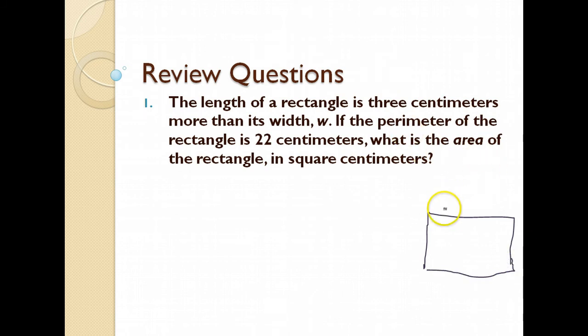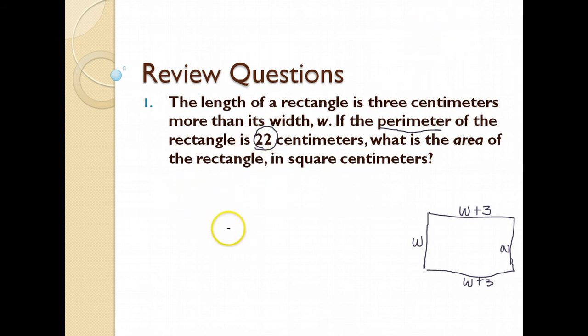Okay, so label your sides. It says the length of a rectangle is 3 centimeters more than its width. So if I call this my width, W, 3 centimeters more is W plus 3. The perimeter is 22 centimeters.